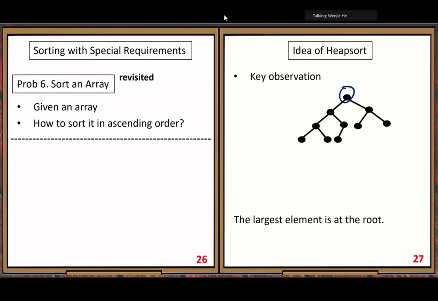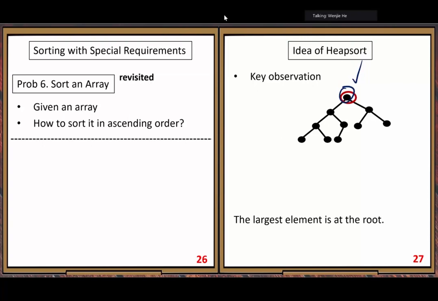All right. The largest element is at the root node. So after the building process, the maximum is at the root node. So you know it. Then you can put the maximum in place immediately, right? How to put it in place? Its right location is the end of the array, the last position of this array.